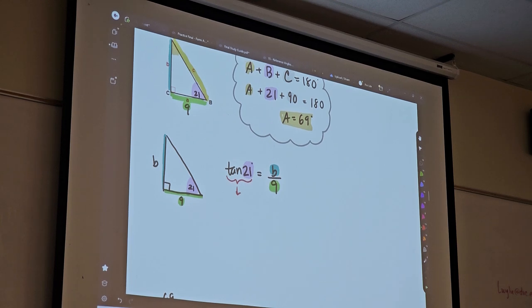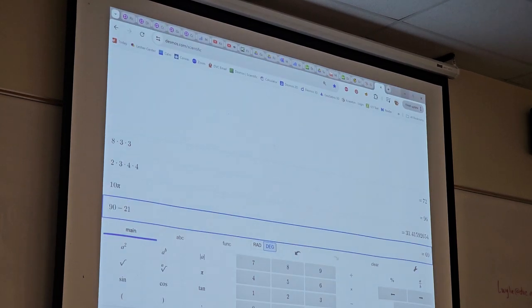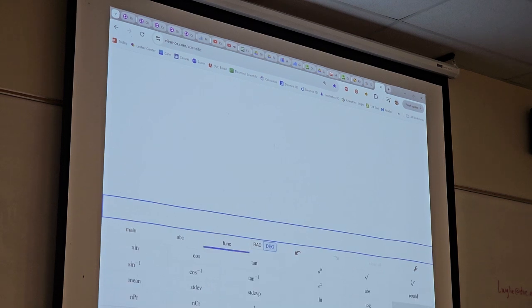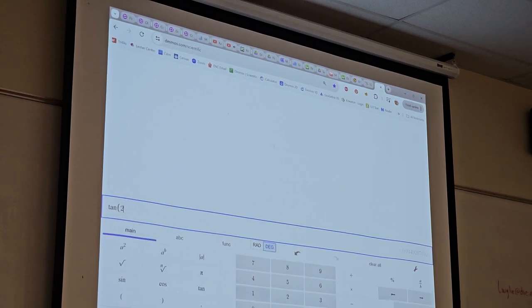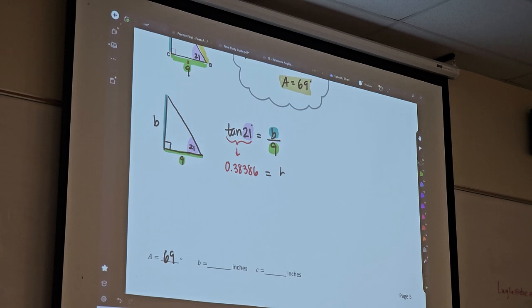Tangent of 21. I'm in degree mode. Tan 21 degrees, 0.38386. Okay, the red number is B divided by 9.